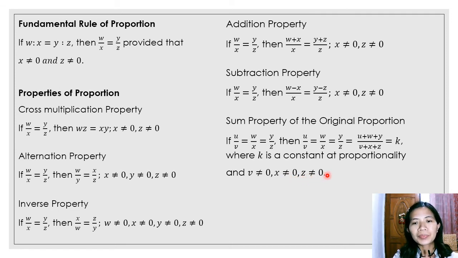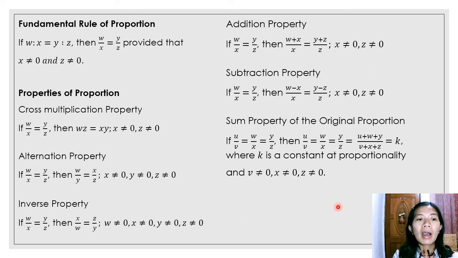So here, we combine U plus W plus Y. This equation is equal to the sum of the numerators all over the sum of the denominators. We add them and equate it to K. K is the constant of proportionality.